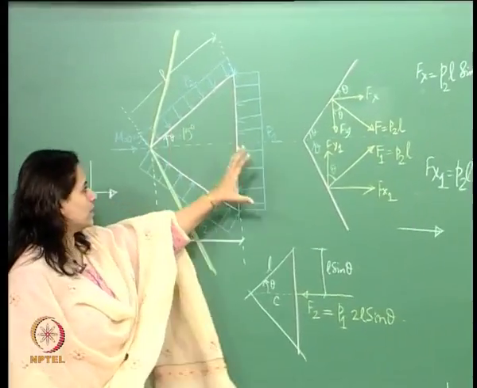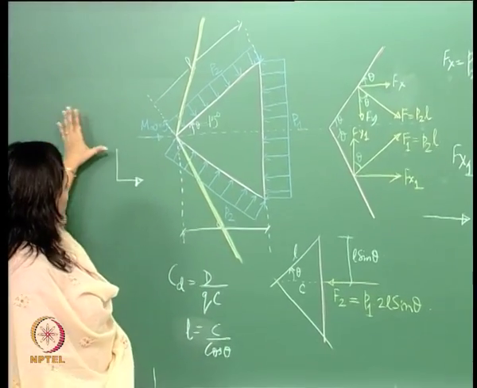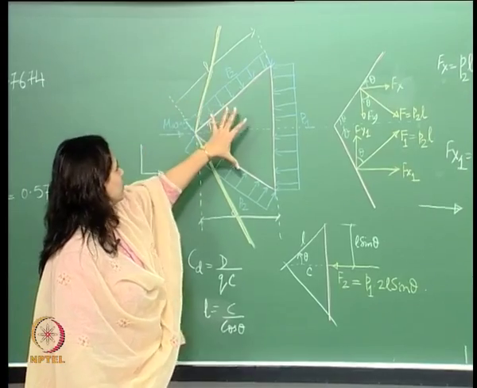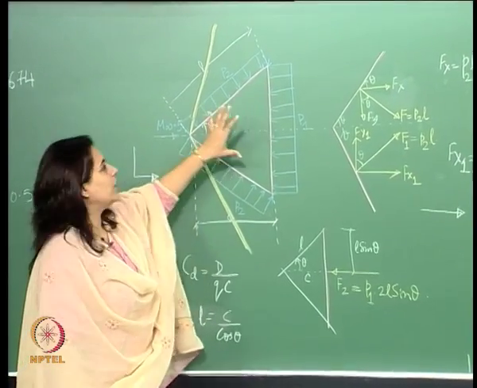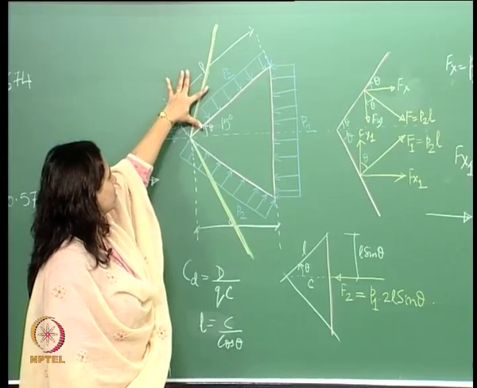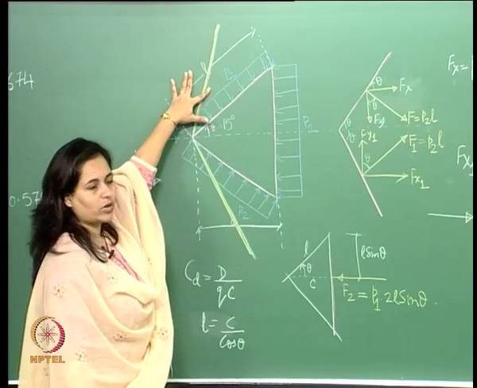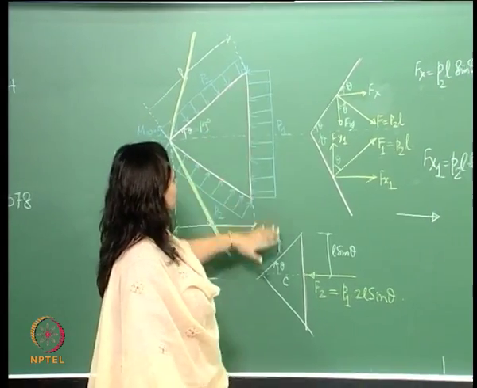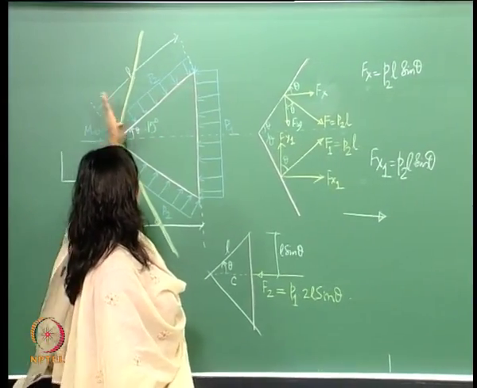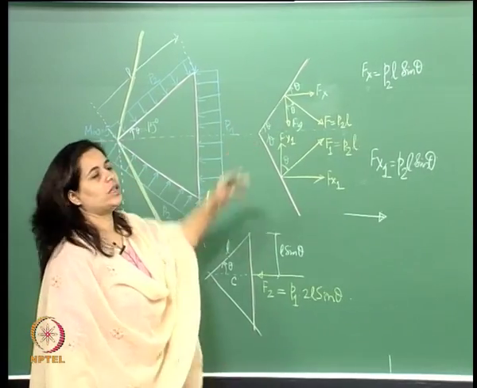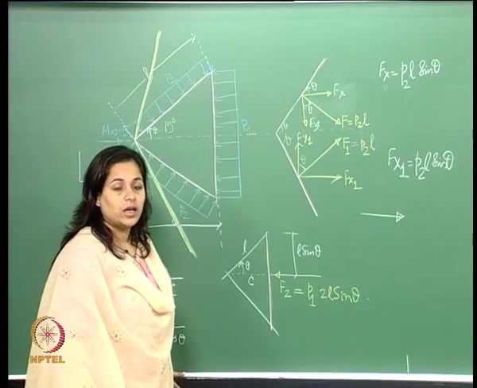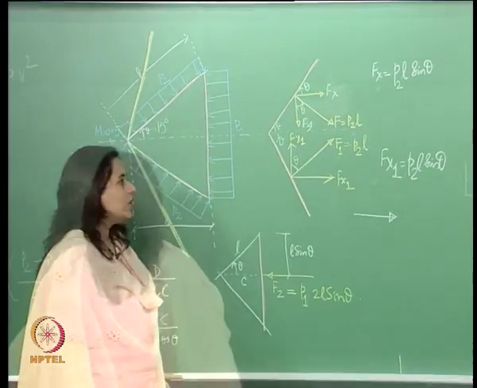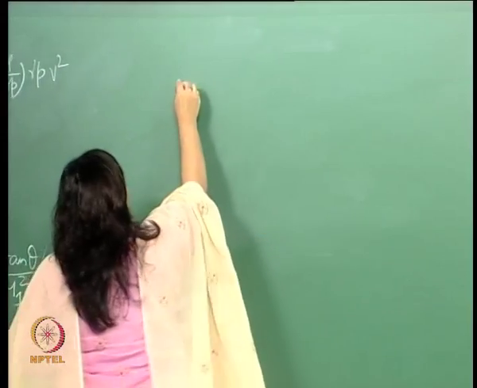We are saying that we have an incoming flow, and it encounters this wedge, which means it is encountering these shock waves. Then it goes past this, and we have a pressure distribution like this. Once it goes past this wedge, this is where we are looking to find the Mach number and the corresponding pressure.